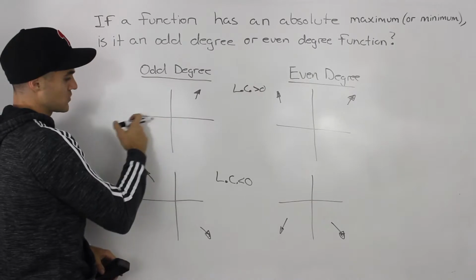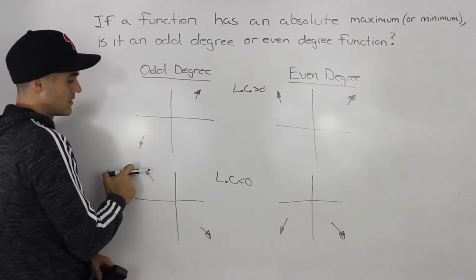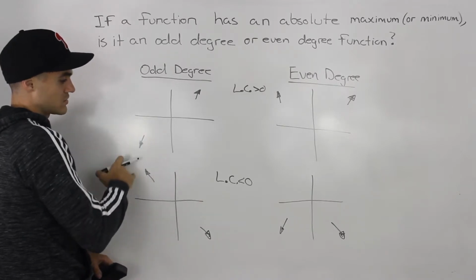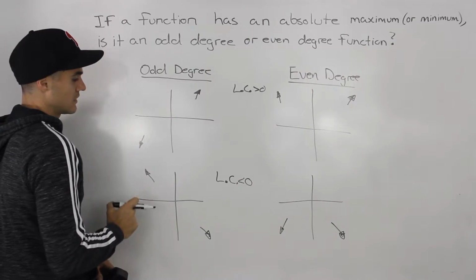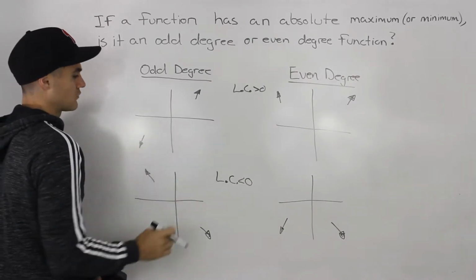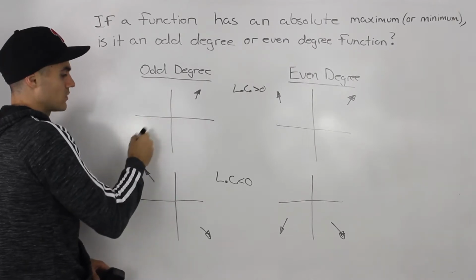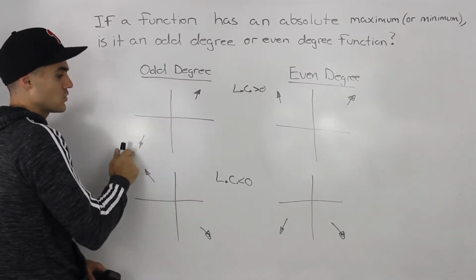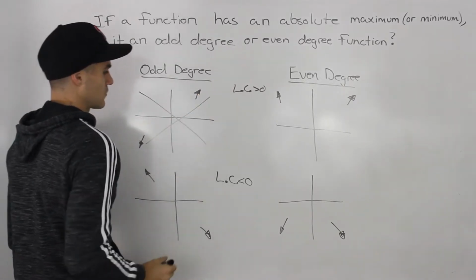Same thing as x goes towards negative infinity. The y values are decreasing as x goes towards negative infinity. The function's still increasing because we read from left to right, but as x goes towards negative infinity, the y values are going towards negative infinity as well, so there's no absolute minimum here. So we know this case doesn't work.